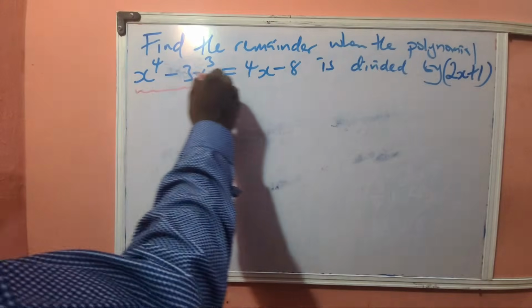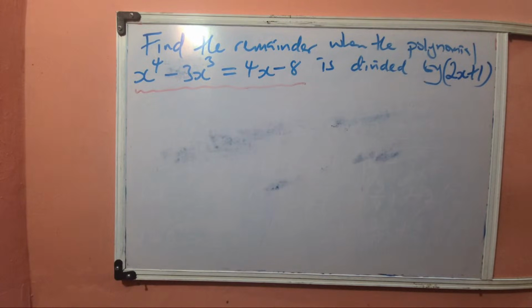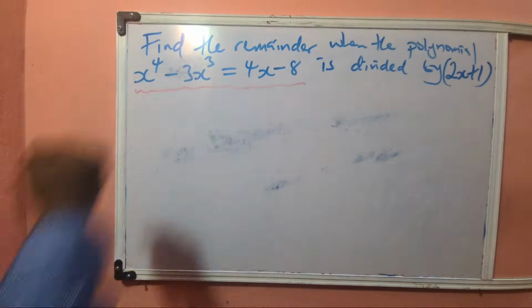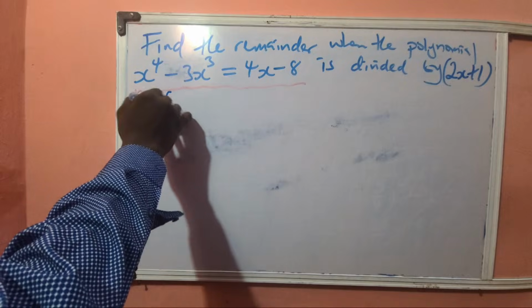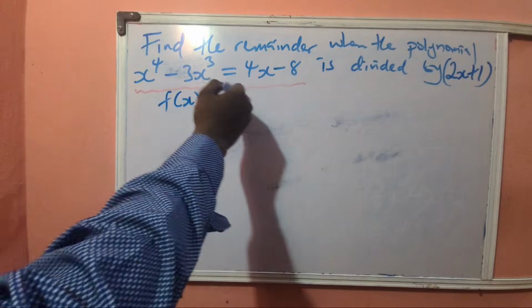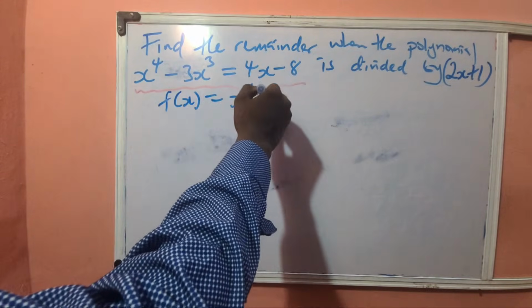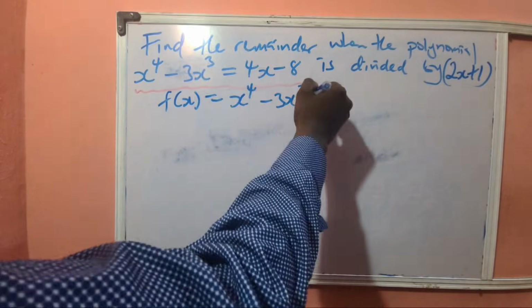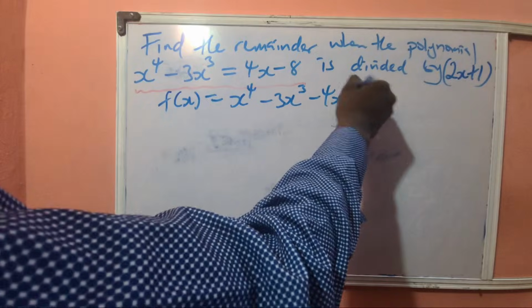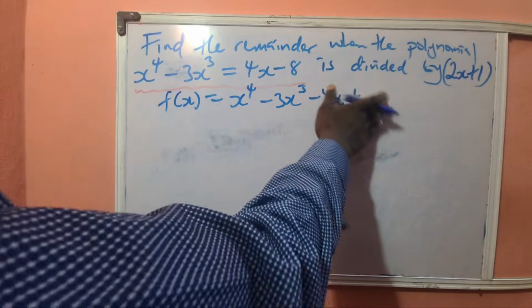Whoever is not strong enough will feel what we have here is probably wrong, or there's an issue, or it's difficult. Well, this is actually very simple. All you needed to do was just remember that you are going to write your f of x as x raised to the power 4, minus 3x cubed, minus 4x, then plus 8. All right?